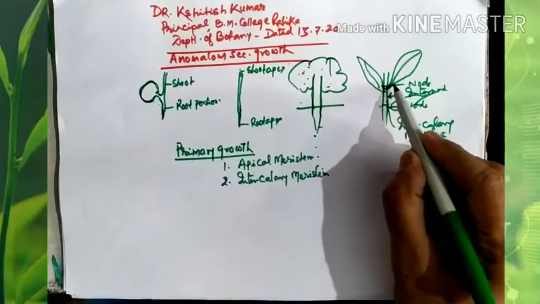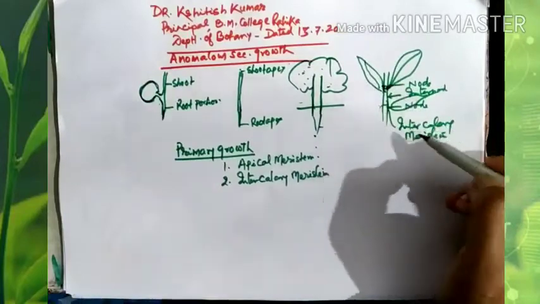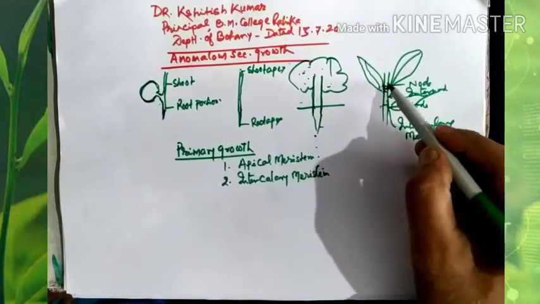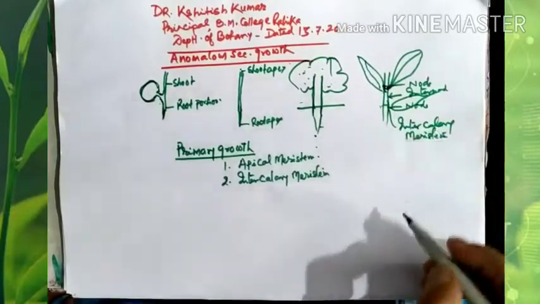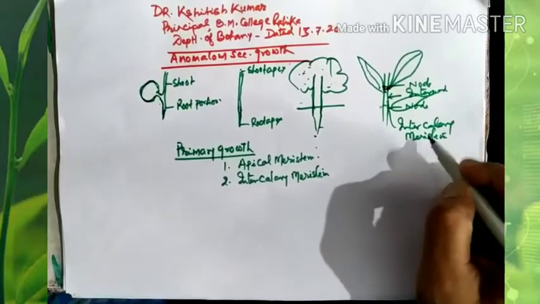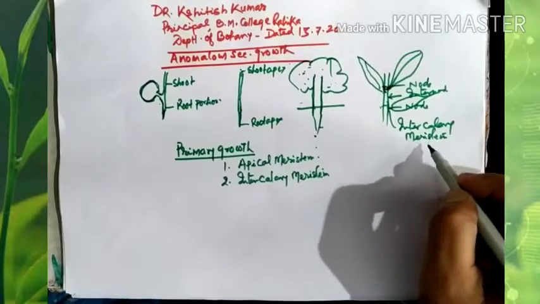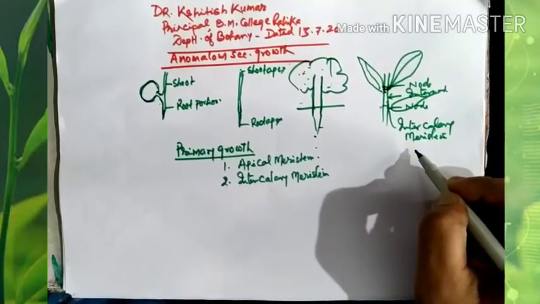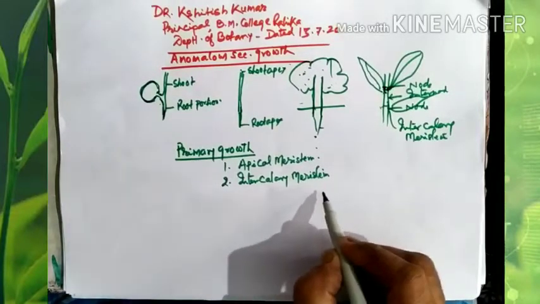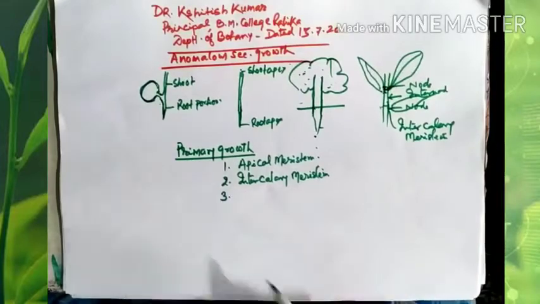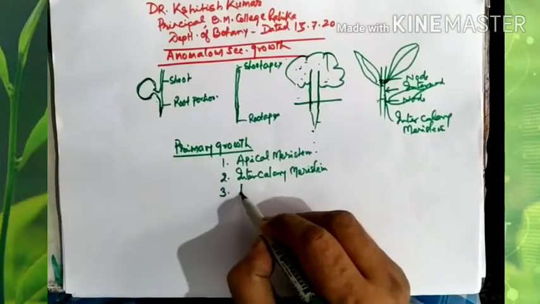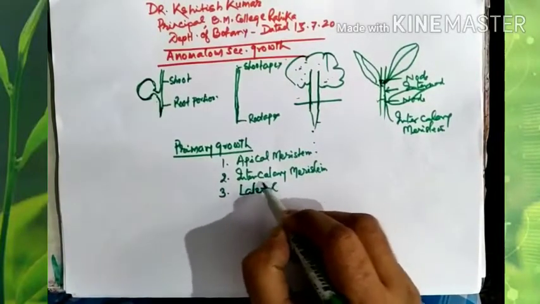So, due to activity of this intercalary meristem, the leaf lamina or the internode grows. It is also found in between the permanent tissue. So we have no concern for this. Just for recalling, this is the second type of meristem, the intercalary meristem, which is responsible for primary growth. And the next is the lateral meristem.